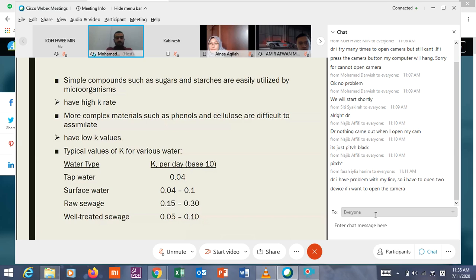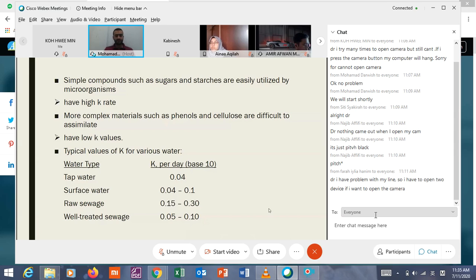Why? Because it is difficult for the bacteria to decompose, so the K is low. As we said, different people have different ability or speed in eating, for example.